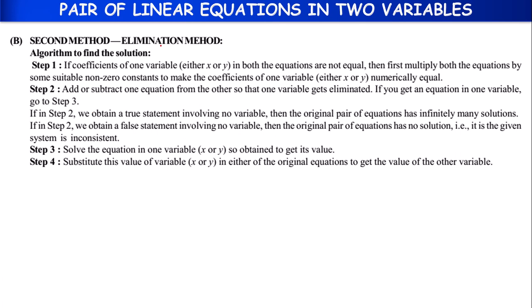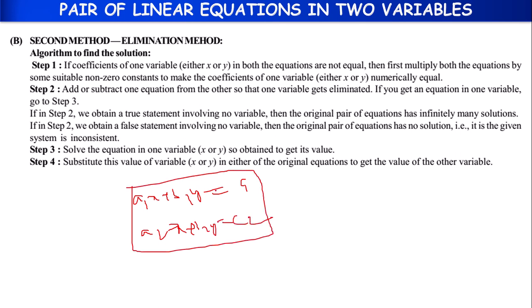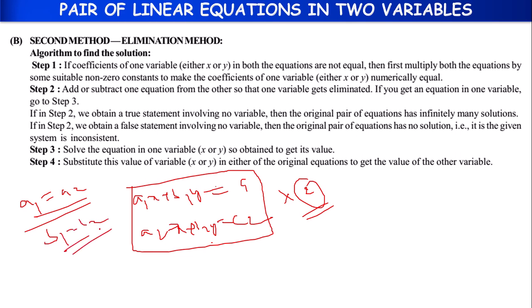So in the elimination method, first you have a1x plus b1y equal to c1, and a2x plus b2y equal to c2. If you have two equations, you have to multiply one or both equations with a non-zero constant number, such that either the x coefficients will become equal or the y coefficients will become equal.